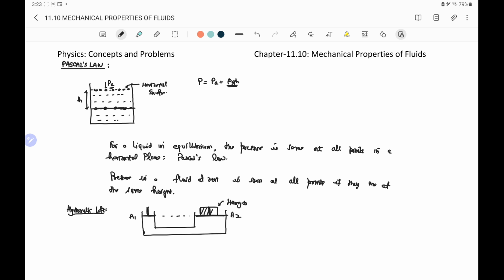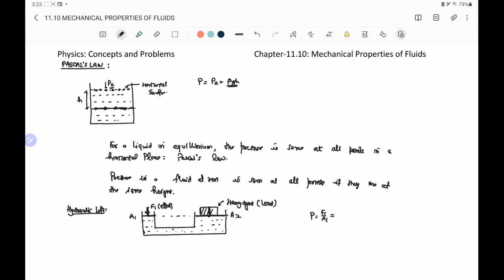This is the heavy object, or we can say it is the load, and on piston 1 we apply a force F1. This is called effort. Because of this force on the piston which has the area A1, the pressure will be F1 by A1. Because of the fluid and Pascal's law, the pressure on the same horizontal plane is the same at each and every point.